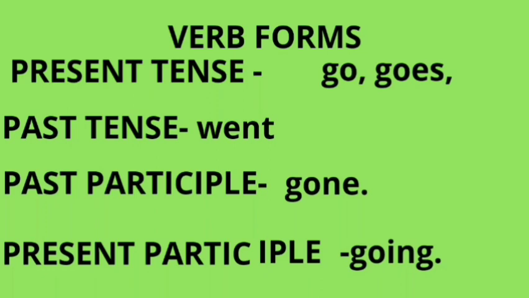But for third person singular, he, she and it, if we are using the present form, we should add s or sometimes es. For example, go: after go we should add es. Past tense went and past participle gone. Verb plus ing is called present participle. Going is a present participle.